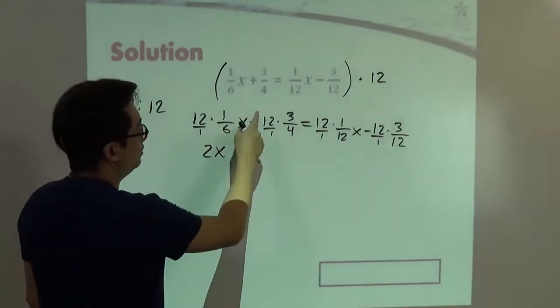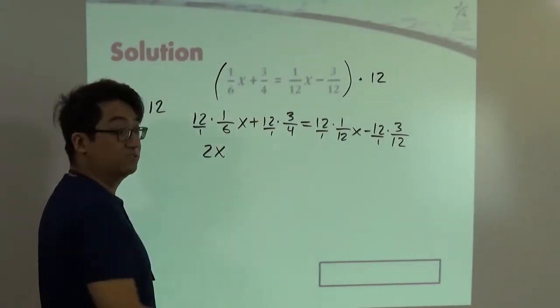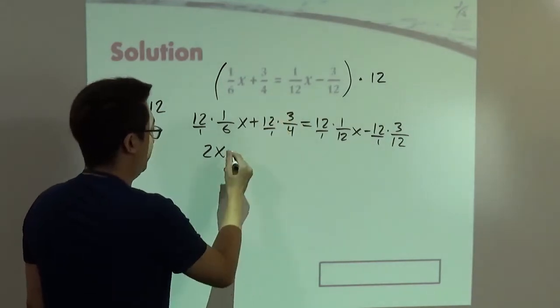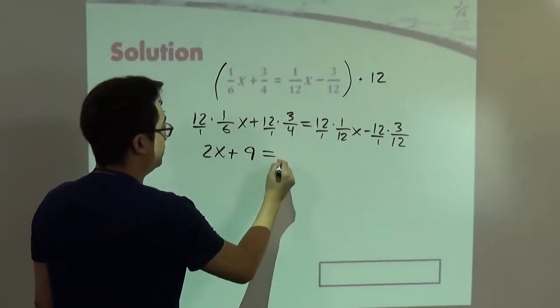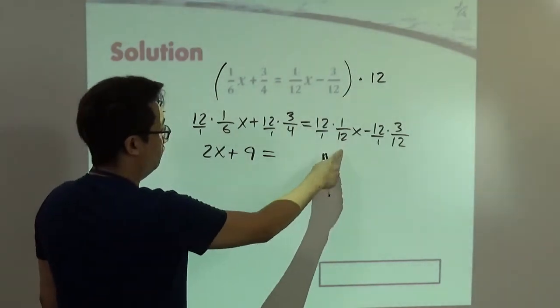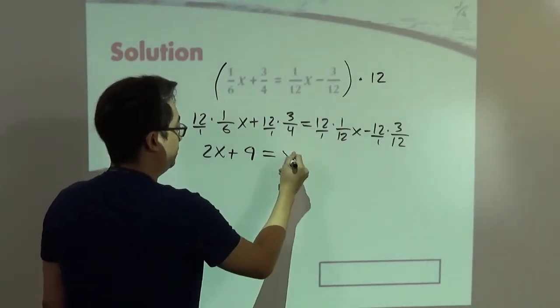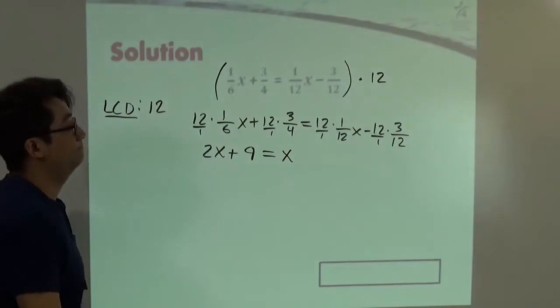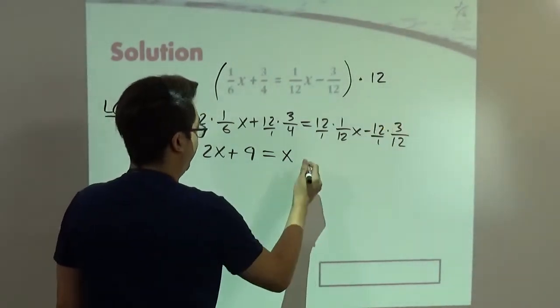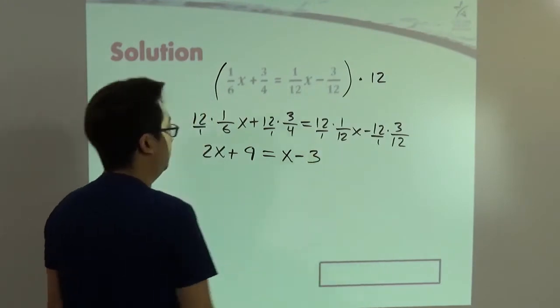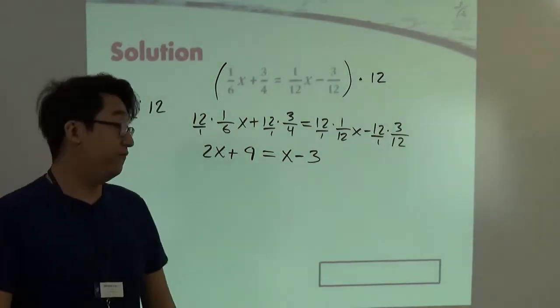So 12 divided by 4 gives me 3, times the 3, that gives me 9, equals 12 divided by 12, that's 1, but it's still an x. So that's just x. I have 12 divided by 12, that's 1, times a negative 3 is a negative 3. So what we just did is get rid of all our fractions.